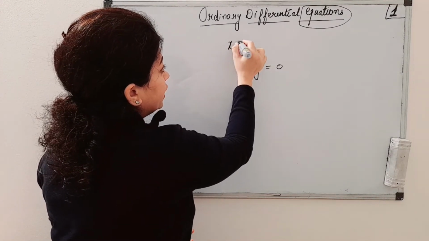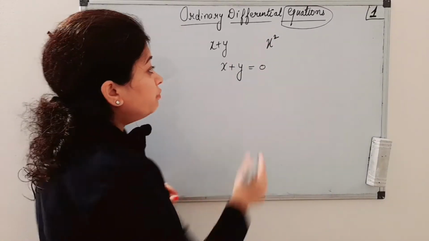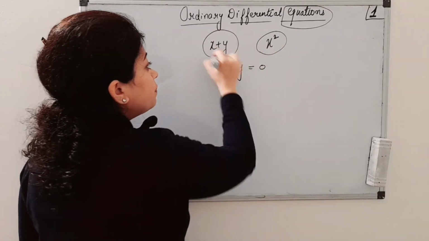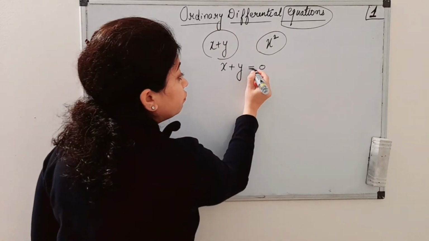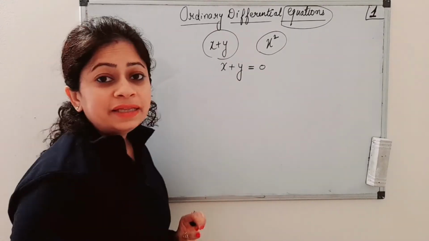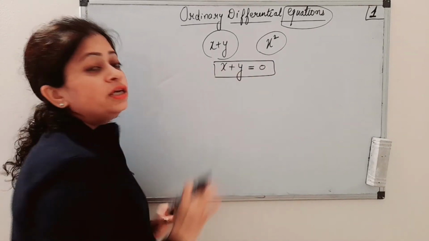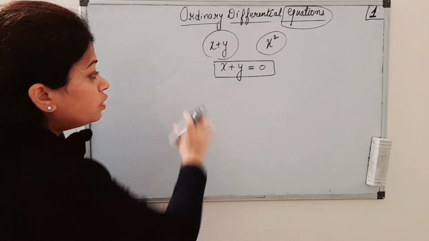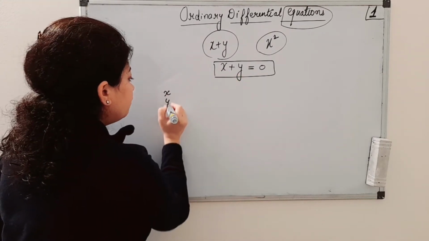If we are writing only x plus y, or only x square, these are polynomials, not equations. If we have an equal to sign, then this becomes an equation. Now this is an equation, and in this equation we have x and we have y.